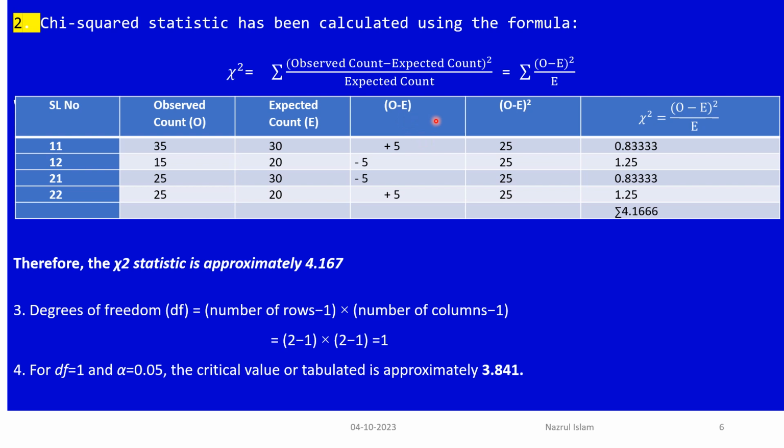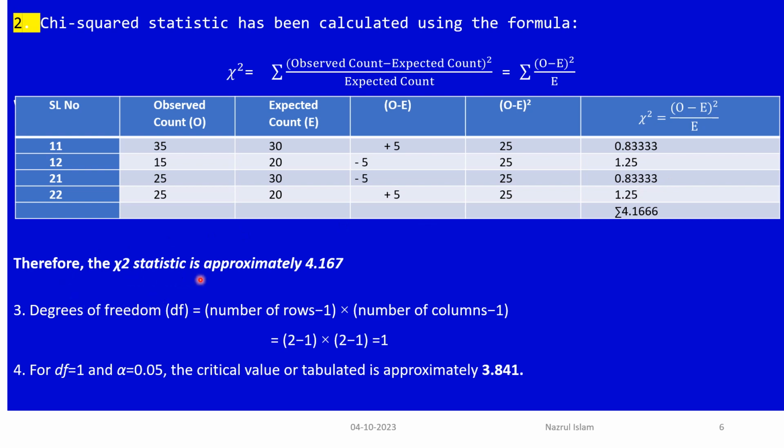This is O minus E, the difference between observed and expected count. This is the squared value, and after that we compute O minus E whole square divided by E. We will get these values: 0.833, 1.25, 0.833, 1.25, and the summation value is 4.1667.